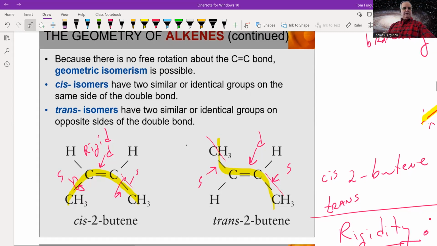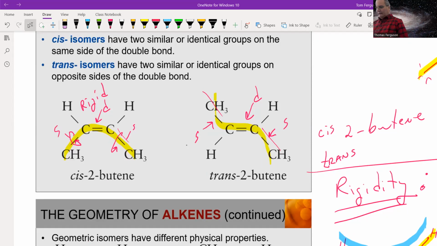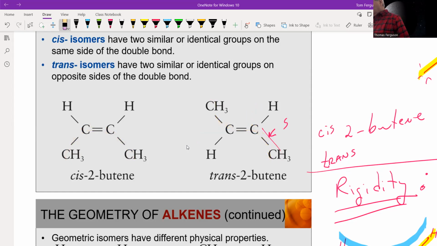Okay, so if we look at these two butenes, 4 carbons, double bond is on carbon number 2. Those methyl groups can either be side by side in a cis configuration or opposed in a trans configuration.